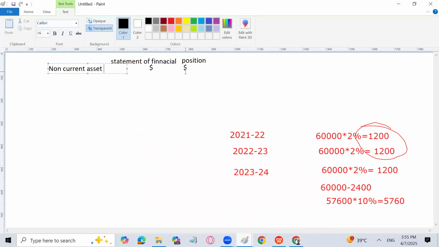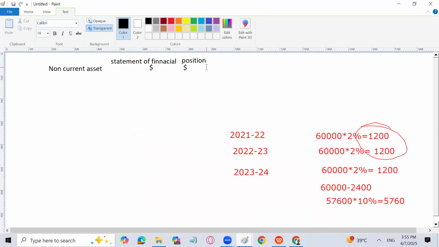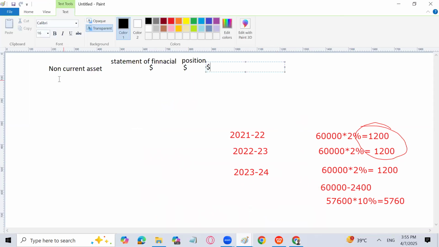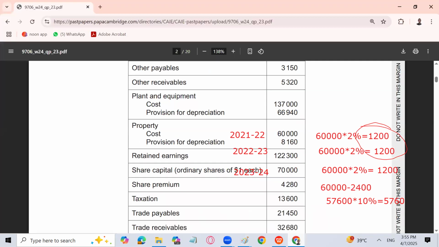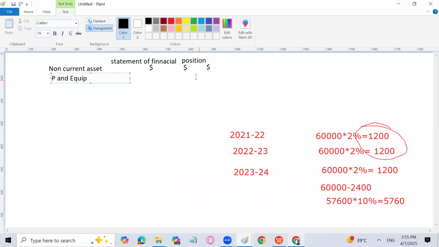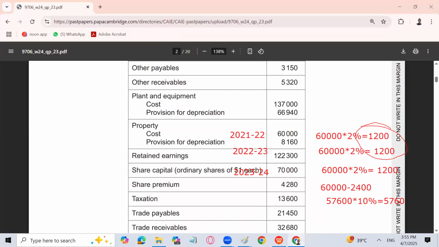So let me go for the third column also. Plant and equipment. The cost of plant and equipment is 137,000. I'll write here. And the depreciation is going to be 66,940.